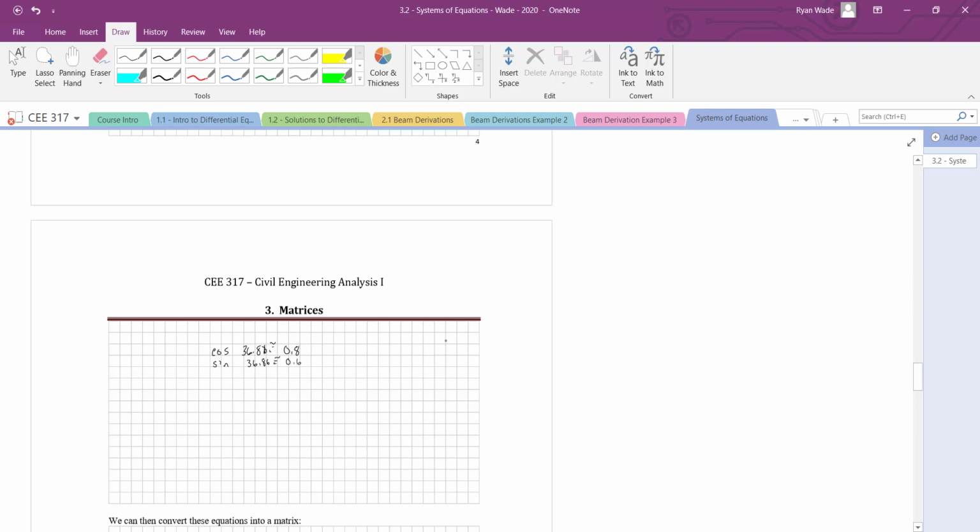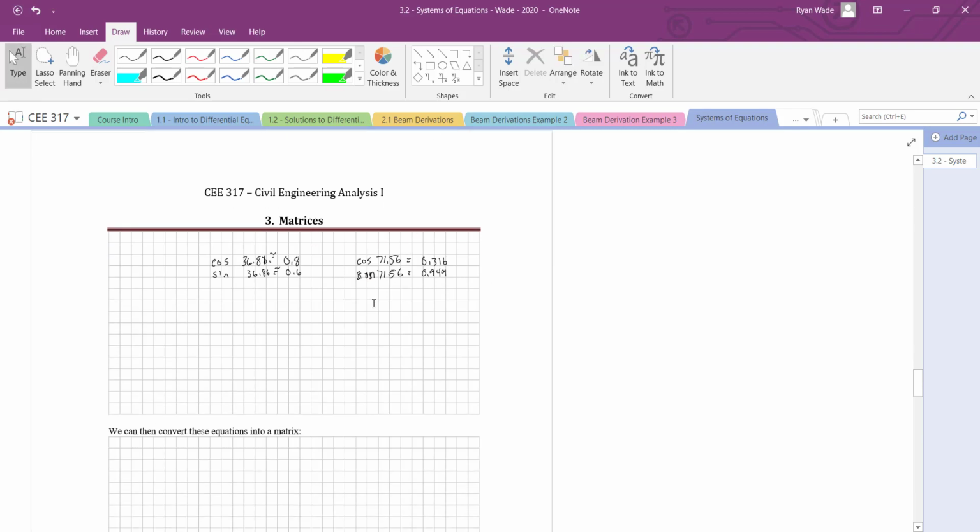So that's approximately equal to 0.6. And then the cosine of 71.56 is equal to 0.316. And the sine of 71.56 is equal to 0.949. So I just wrote those down.